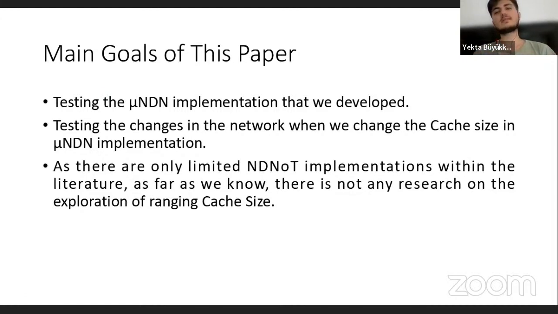I would say the main motivation was that there were only limited NDN IoT implementations within the literature, and as far as we know, there is no research exploring a range of cache sizes. So we wanted to write a paper about cache size in named data networking of things, because there was not a lot, and we thought this would be a great resource for future generations, or for people who want to work on this topic.